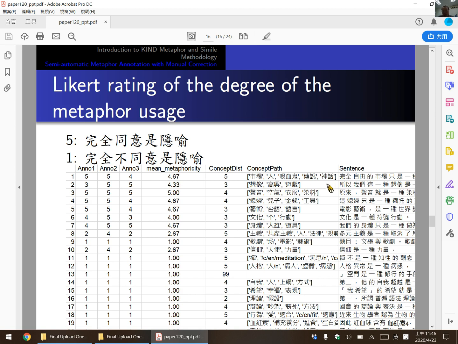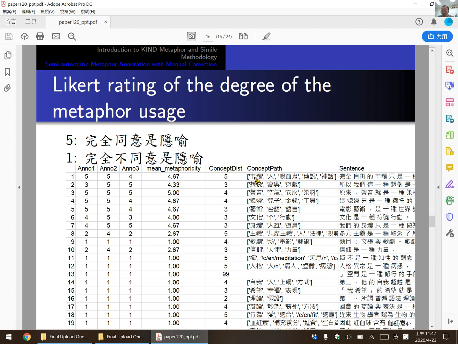So back to our slide, 完全自由市场只是一种神话. We try to estimate the distance between 市场 and 神话, and we found 市场 is a location for people, and from the concepts, vampire is a kind of people, legend is related to vampire, and legend is a kind of myth or similar to myth.